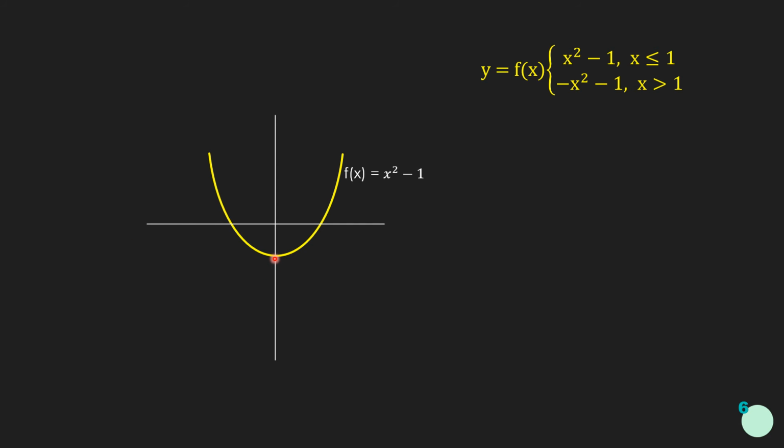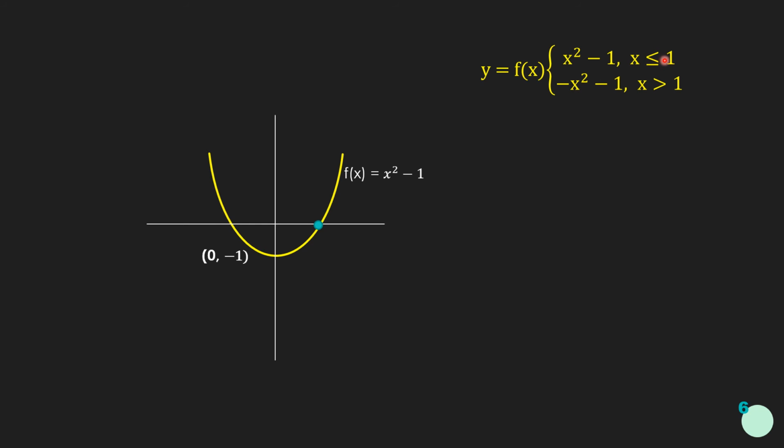The vertex of the parabola lies on the y-axis, so we will put x equals 0 in x square minus 1 and find that y equals minus 1. So the vertex of the parabola will be (0, minus 1). This parabola will cut the x-axis at a point.